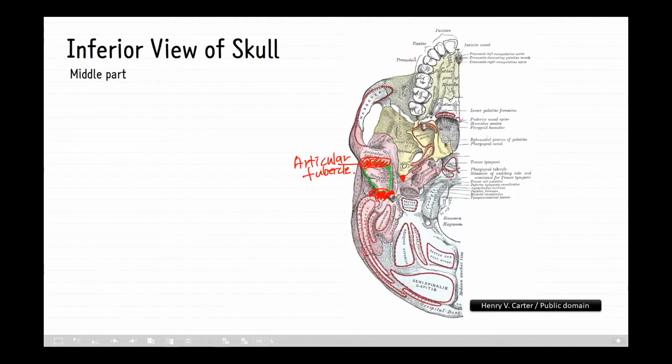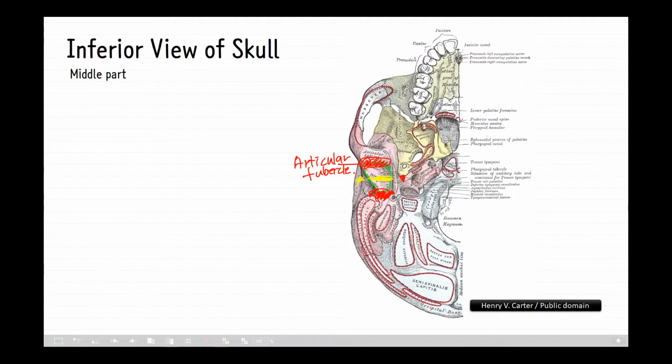The fossa is divided into two parts by a narrow slit, the petrotympanic fissure. This is the petrotympanic fissure. Sometimes it is called the Glaserian fissure. The anterior boundary is the articular tubercle and eminence.